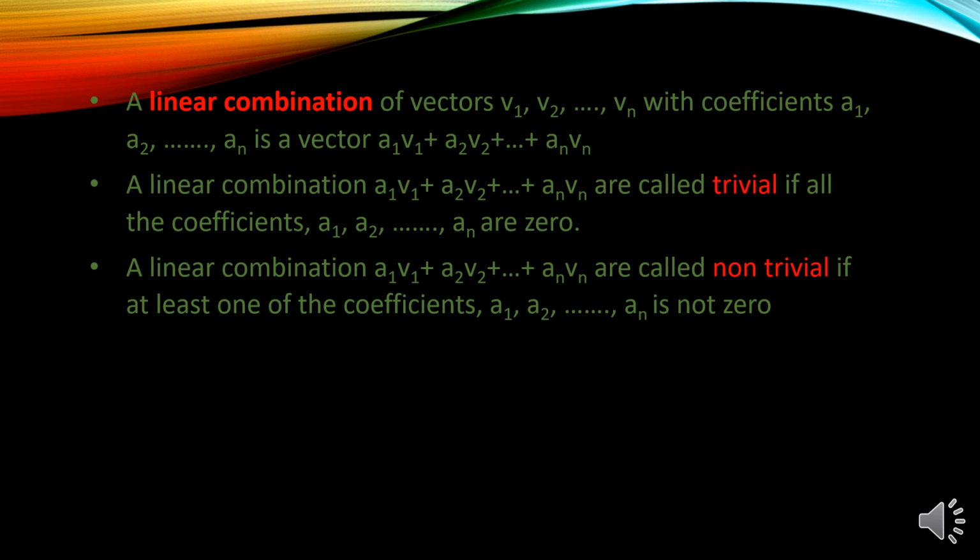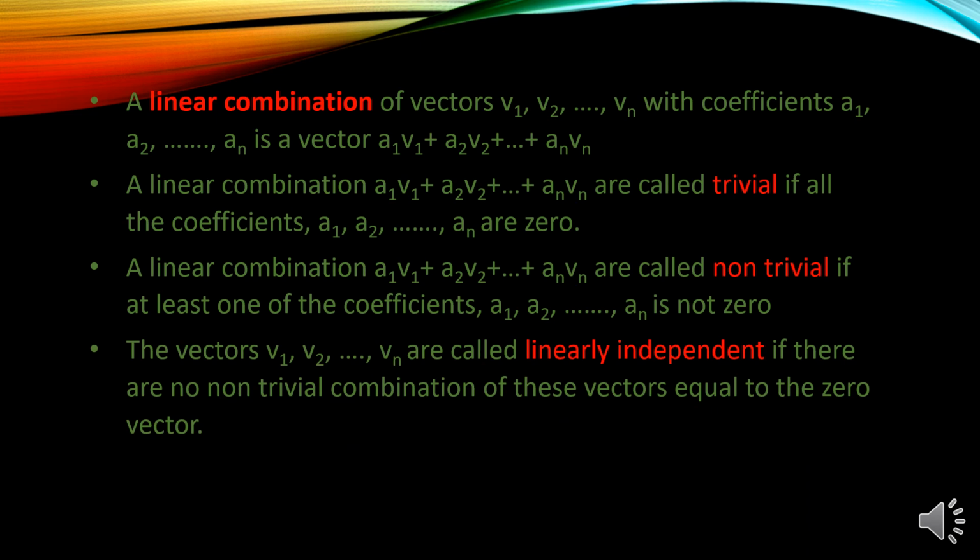Now, this leads us to another important idea. The vectors v1, v2 up to vn are called linearly independent if there are no non-trivial combinations of these vectors equal to the 0 vector.